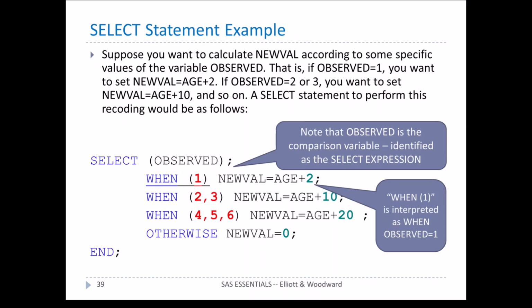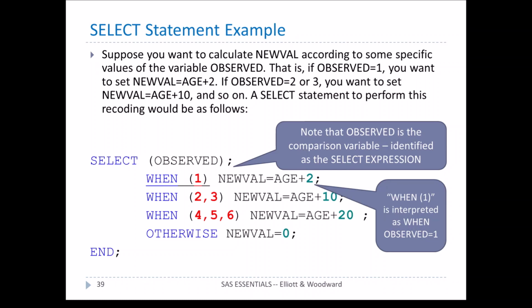So we say SELECT observed. Now, what that means is we're going to look at various values of observed. So WHEN with a 1 there means when observed equals 1. Just a simpler way of saying it. So when observed equals 1, then we're going to create a new variable called newval that is age plus 2.